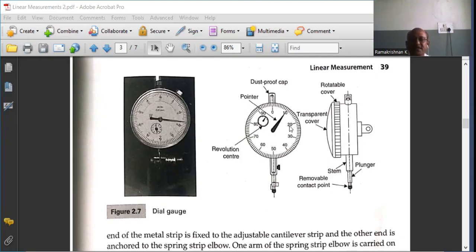There may also be a case where the ball does not touch the workpiece. Both are deviations from the standard dimensions. If the ball does not touch the workpiece, there is a gap, which can be balanced with appropriate gauge blocks. The thickness of the blocks stacked together gives the deviation from the actual dimension. In that way, the dial gauge is used.